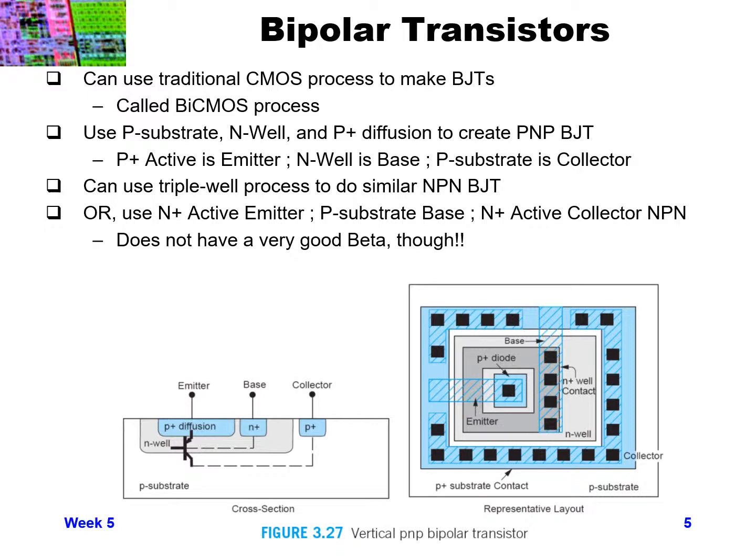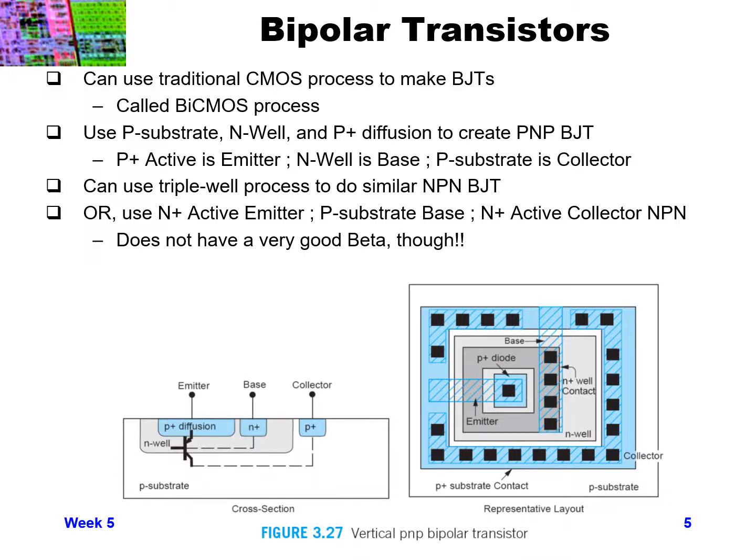So you want the collector completely surrounding the base, and you want a good number of contacts to your collector, a good number of contacts to your base, and then you have your emitter, basically one central contact in the middle. Depending on exactly how much resistance you want, you could have your emitter slightly bigger and maybe have 4 contacts or something, but depending on the performance you want from your transistor, you can vary your layout a little bit.